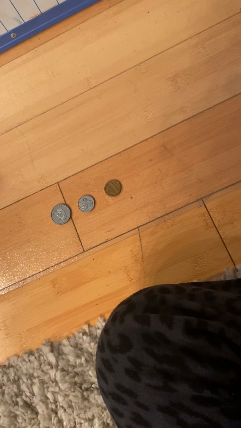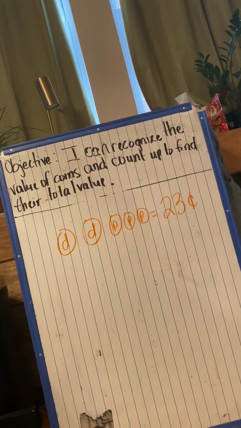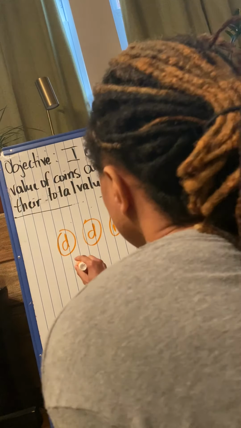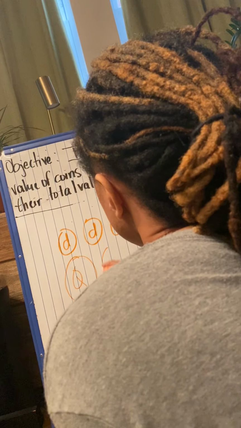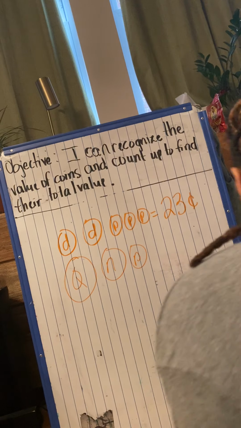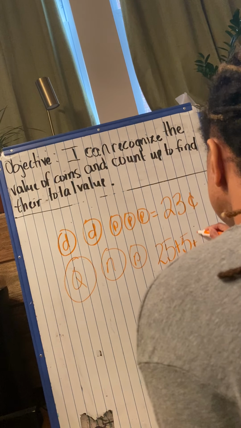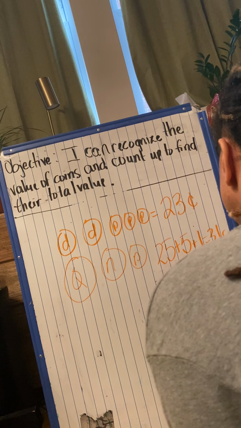So I'm going to write a number sentence to show the value of 1 quarter, 1 nickel, and 1 penny. One quarter, 1 nickel, 1 penny. So I would write 25 plus 5 plus 1 equals 31 cents.